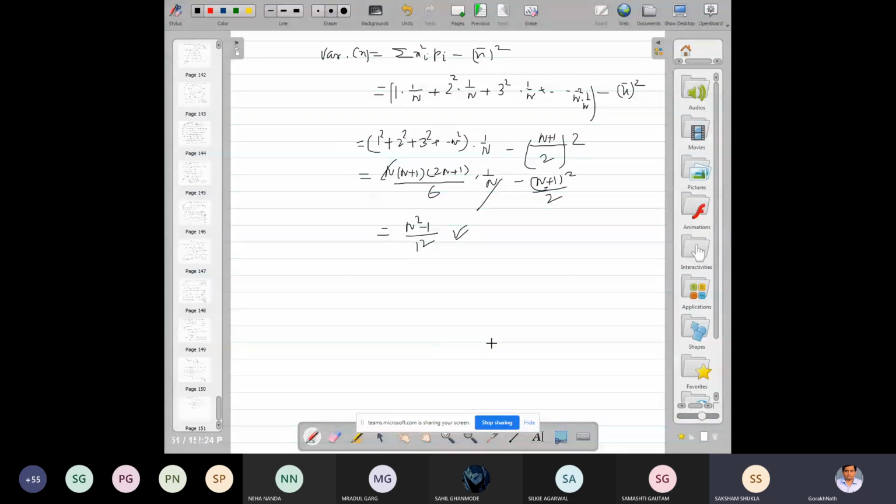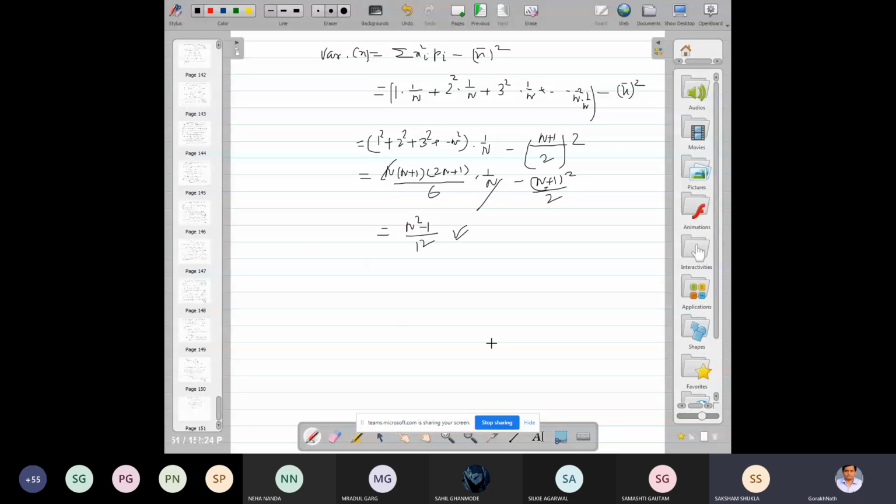If the probability of success is P, then the probability of failure is Q. So P plus Q is equal to 1. Probability of success plus probability of failure is equal to 1.